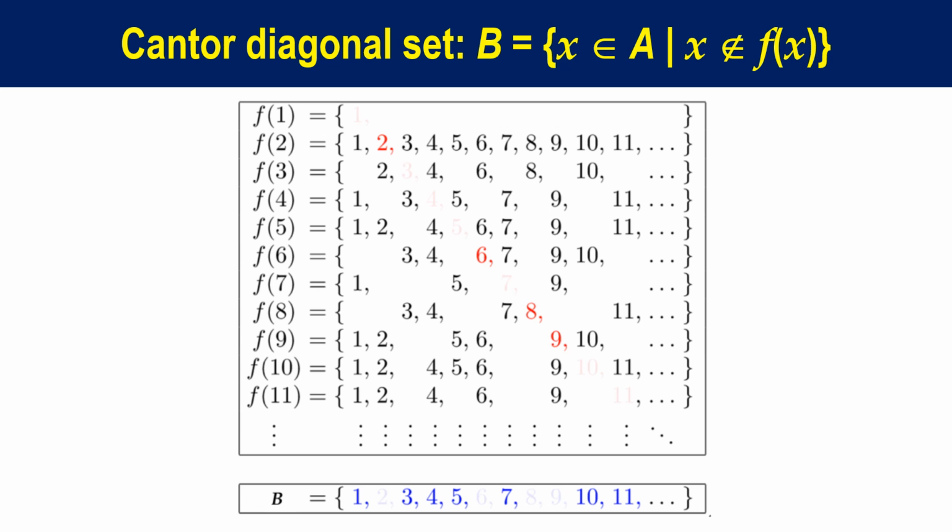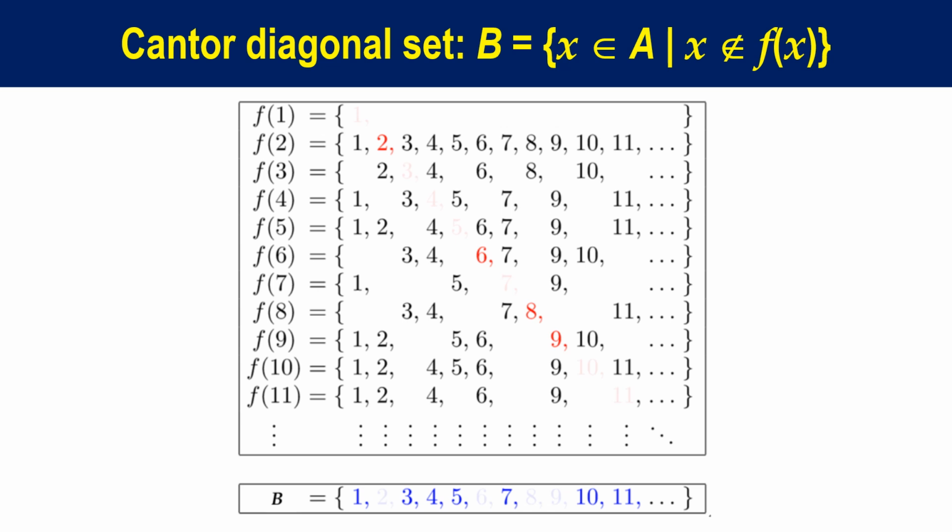The concept of the set B is rather abstract. Thus, I'll show B more visually. The set B, whose element x is not an element of f(x), is called Cantor's diagonal set, and you'll see why.